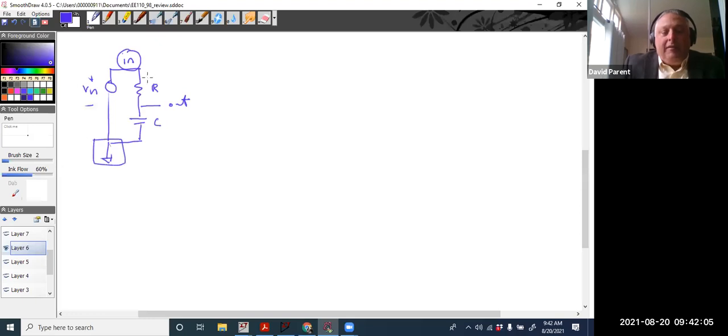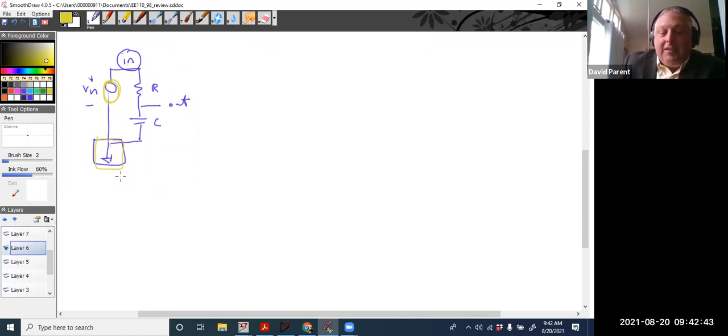So we have our ground, everything is with respect to ground. V in here, the node is known, because V in is measured with respect to ground. We assume it's an ideal voltage source, so it can supply as much current as needed, no matter what's going on over here. So we already know that node. Ground is the reference potential, and it's set to 0. Why is it set to 0?